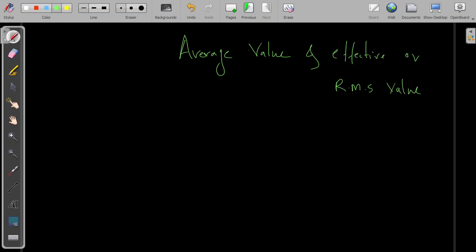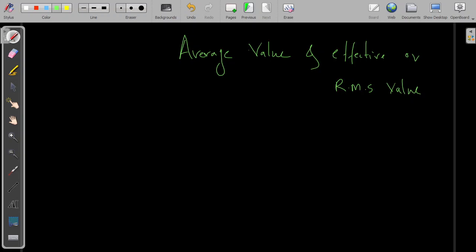So for any waveform, whether it is sinusoidal, triangular, square, or any waveform, average value and RMS value, both these values are defined.